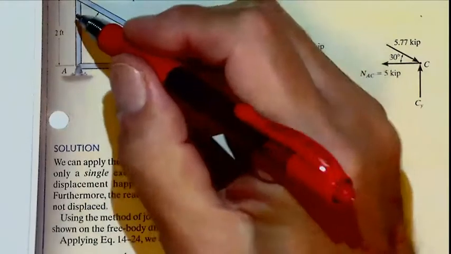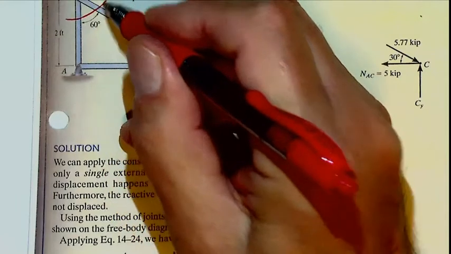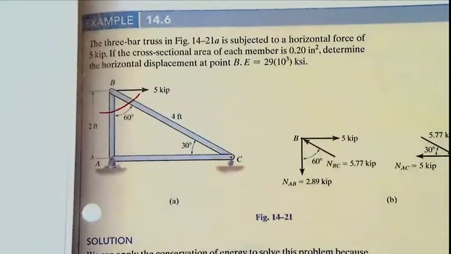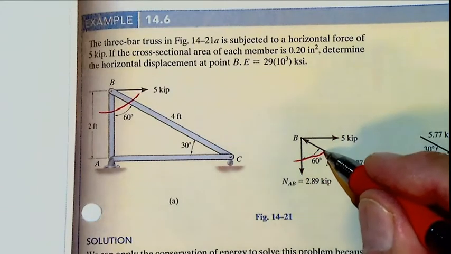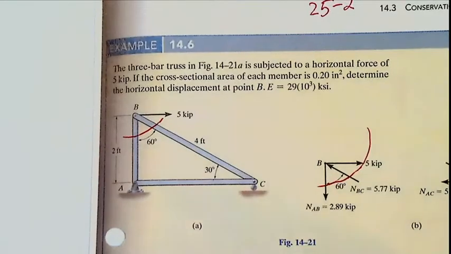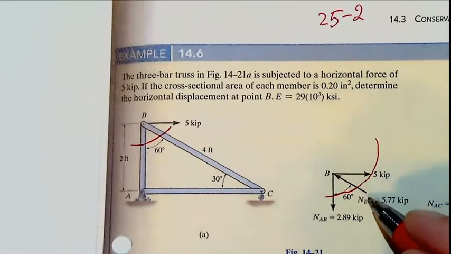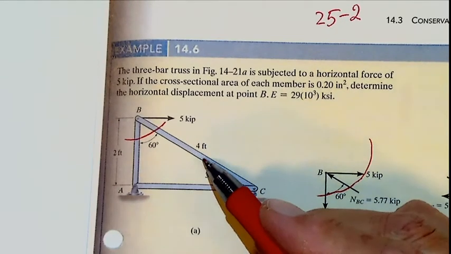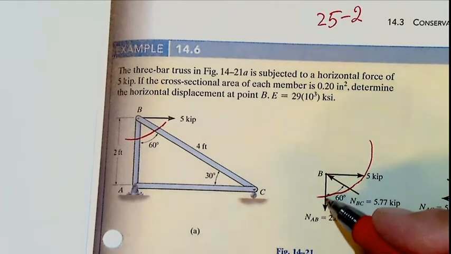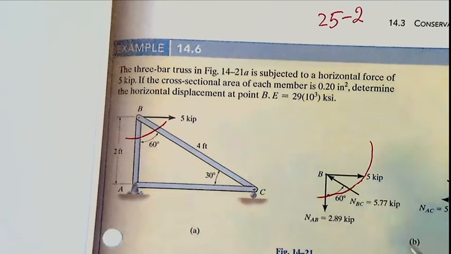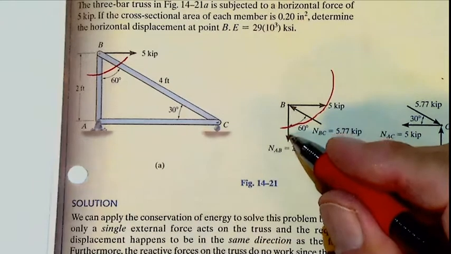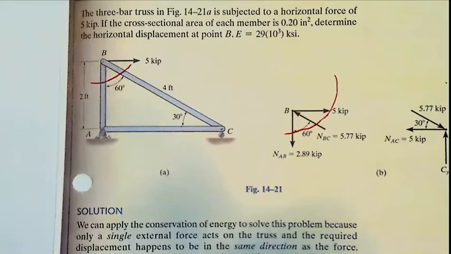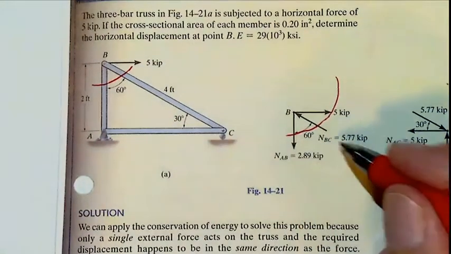Now we are using method of cuts, and we obtain this picture. So there is 5 kips, and there is this load that is pressing in this member, and load that is extending in this member. So we call it NAB, because that is between A and B. NAB, that is NBC.